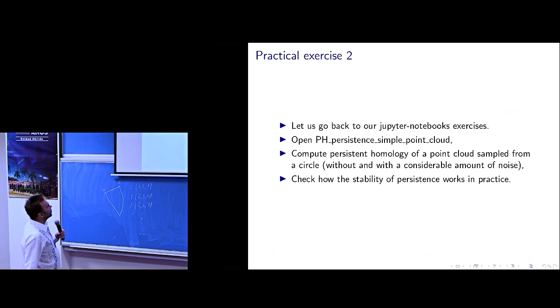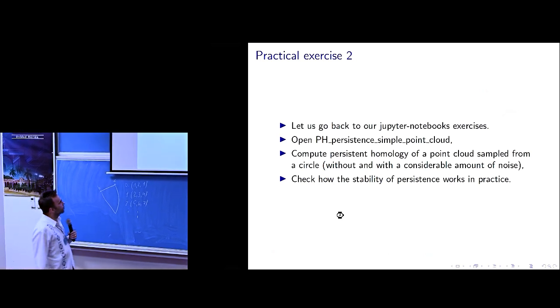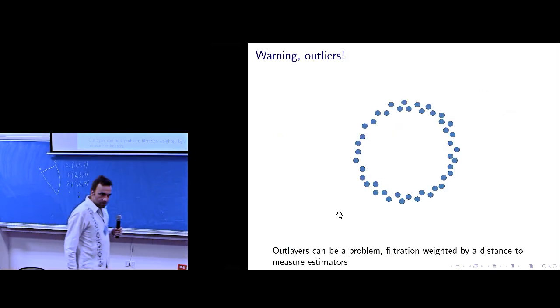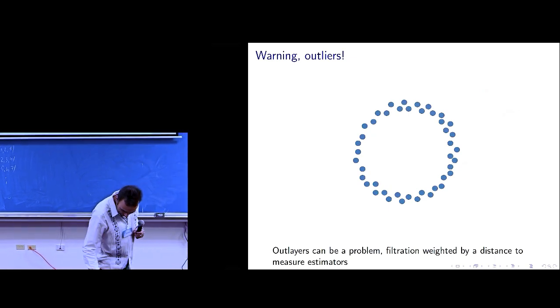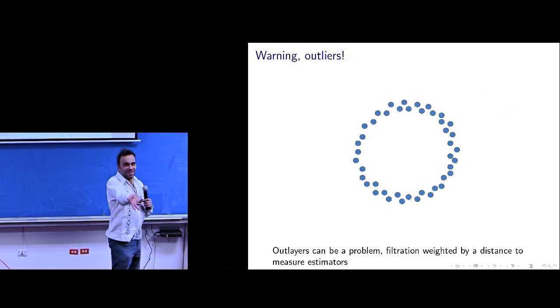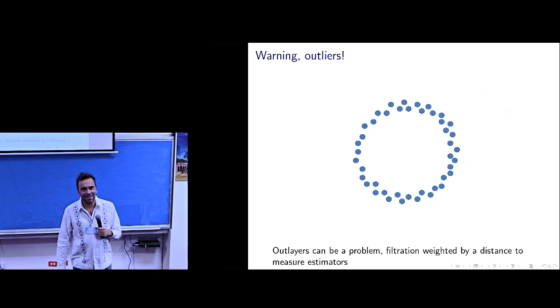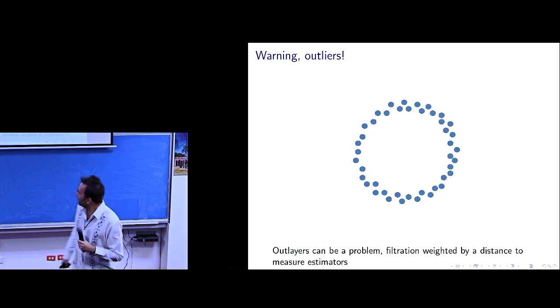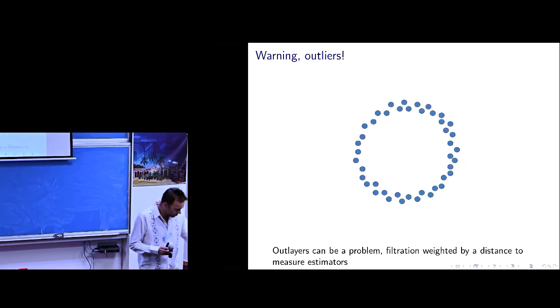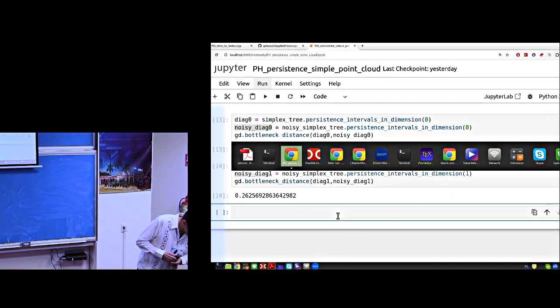Okay, so that was the stability illustration in practice. Sure, you also want one, right? Go on. I was wondering, you perturb your point cloud with uniform noise? That's right.